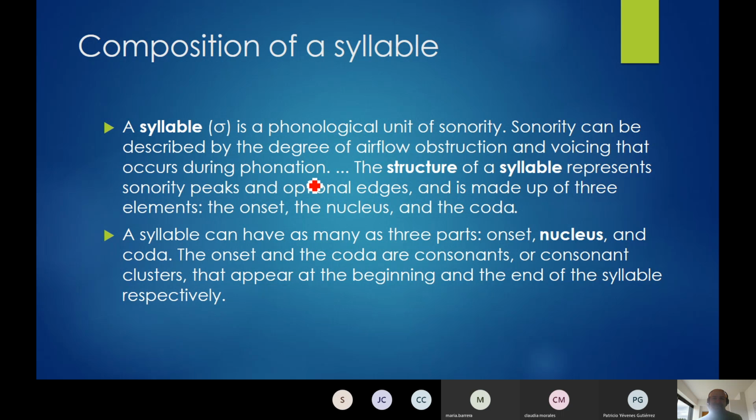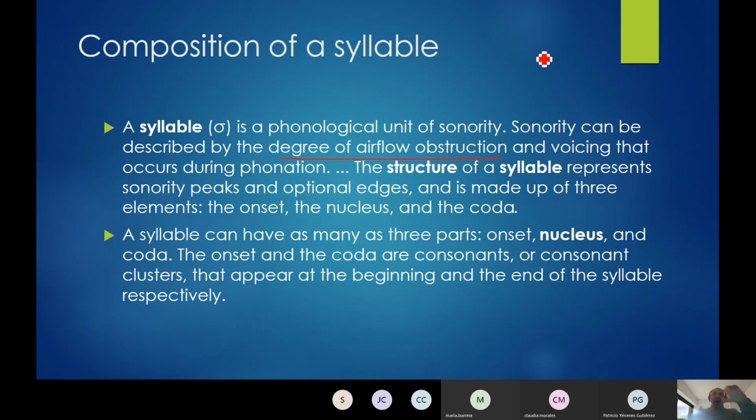Okay, and sonority. Not every single sound has the same degree of sonority. Some sounds are louder. Some sounds are less audible. For example, the degree of airflow obstruction. Let me give you an example to hopefully clarify this. All vowel sounds are voiced. And when we produce vowel sounds, there's no obstruction, there's no friction. We just produce them, the airflow goes out freely.